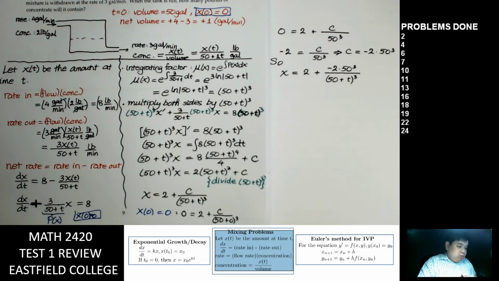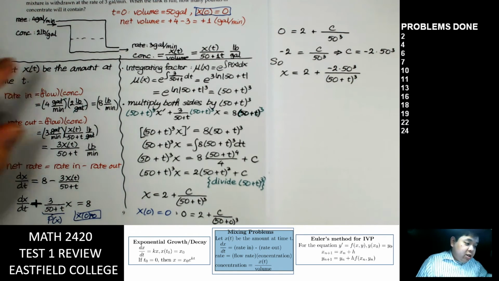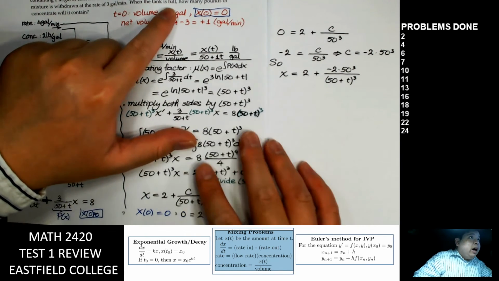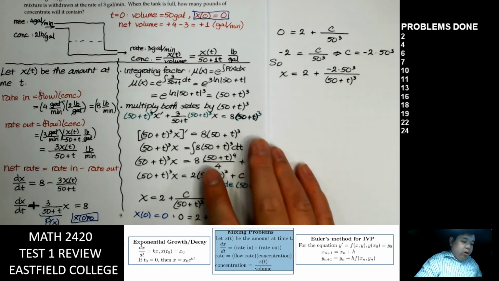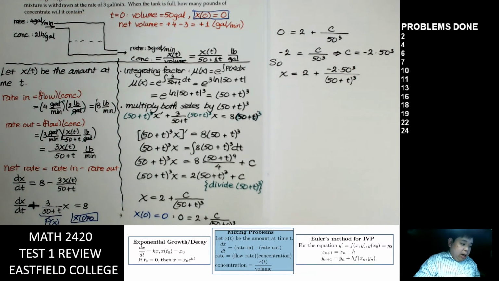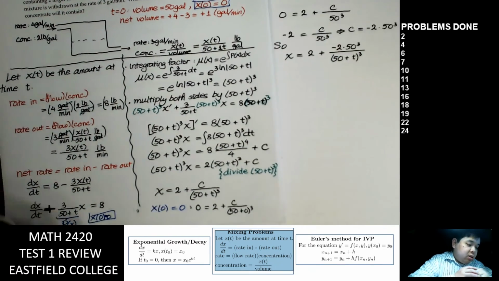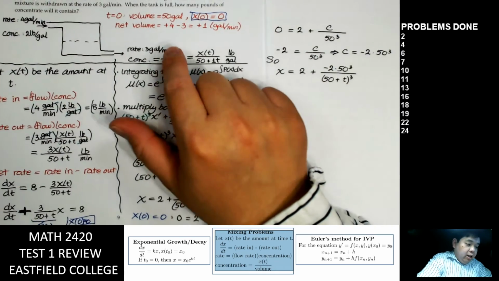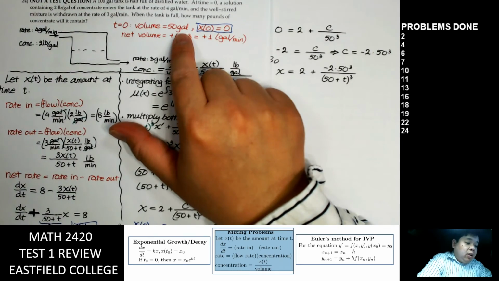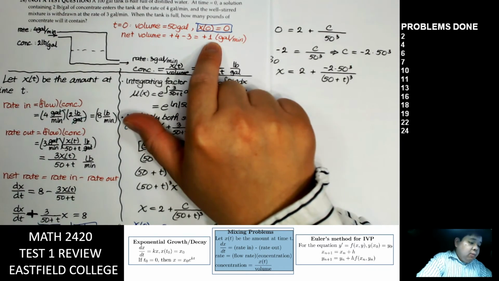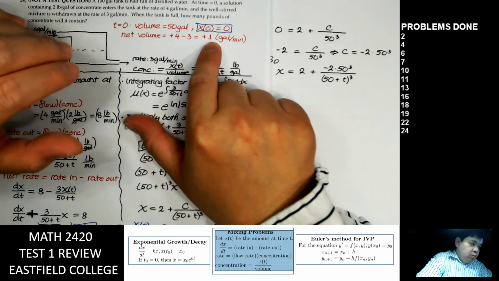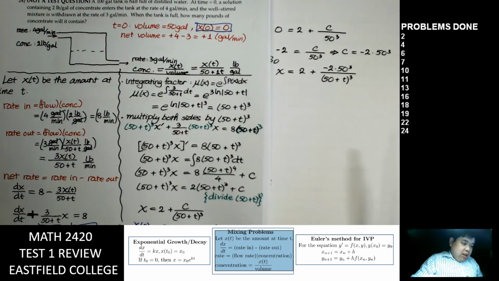Right. And finally, the question actually asks when the tank is full, how many pounds of concentrate will be in the tank. We have 100 gallons, and we originally had 50. It increased by 1 gallon per minute. So of course, when it's full, it will be 100. So pretty much 50 plus t equal to 100.